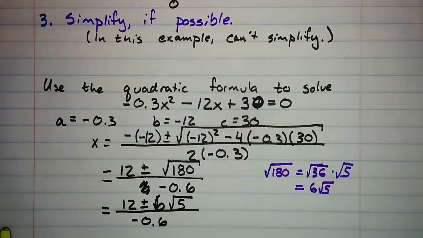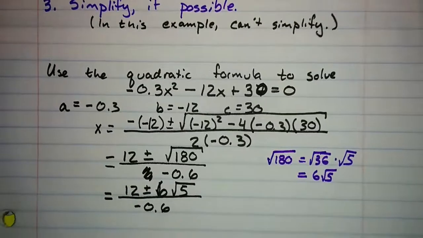I'll have 12 plus or minus 6 root 5 over negative 0.6. Now maybe it's okay to leave this way. I'm not happy about having a decimal or a negative number in my denominator. I'm going to multiply my numerator and denominator here both by 10.